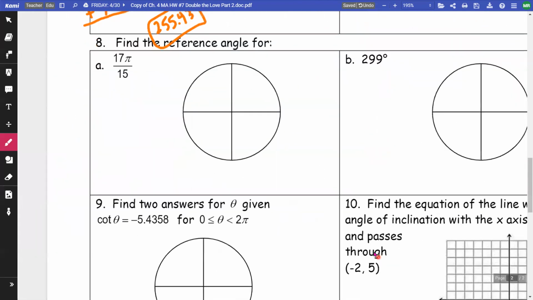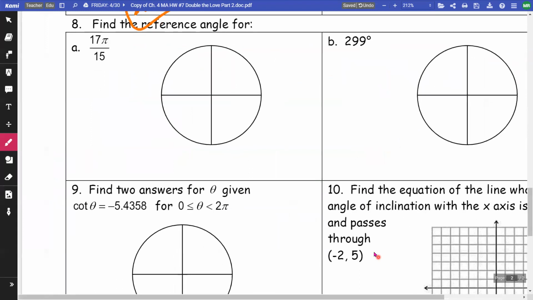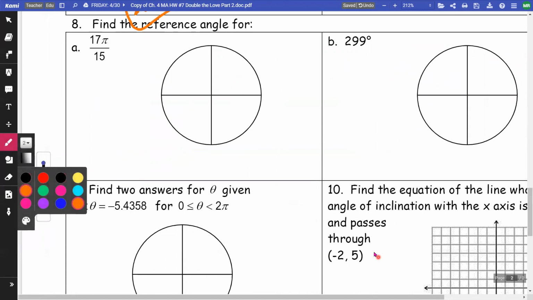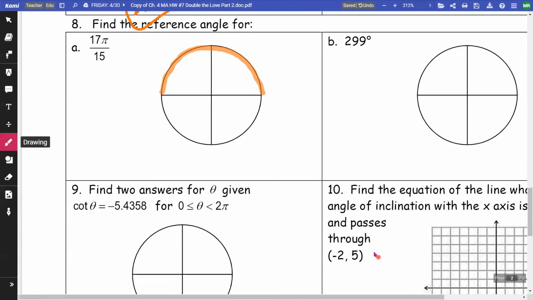On number 8, I want the reference angle for this. If I was going around this unit circle and I'm going all the way to here, that would be pi, but I can also think of it as 15 pi 15ths.